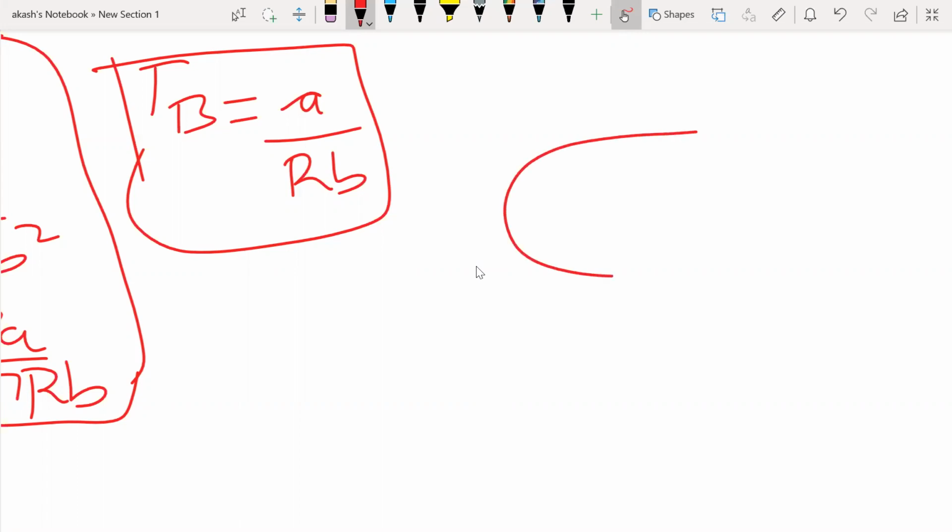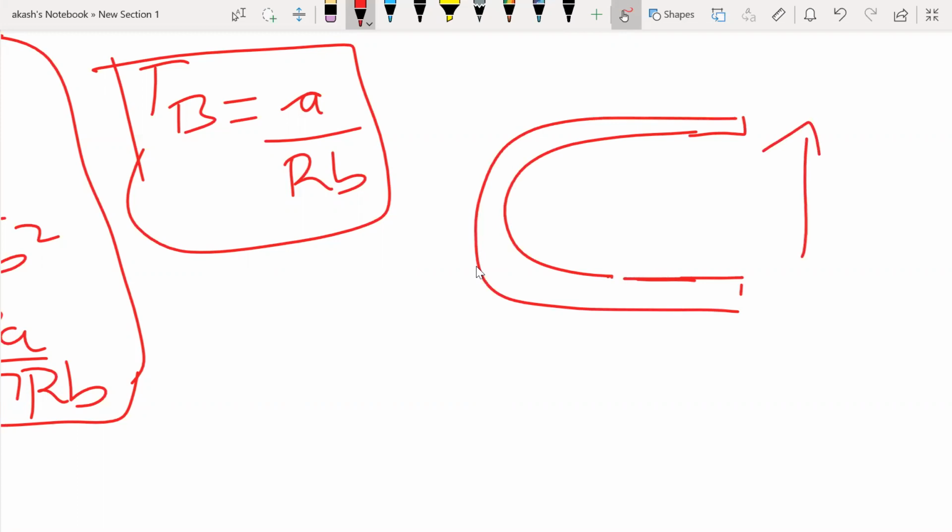They have something like this. I mean, not exactly the diagram. This part should be very thin because it's a capillary. Hope you know a capillary is going to have a very small volume, right? So this part is mercury, and this part is air.